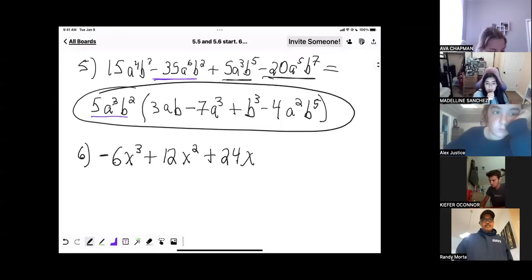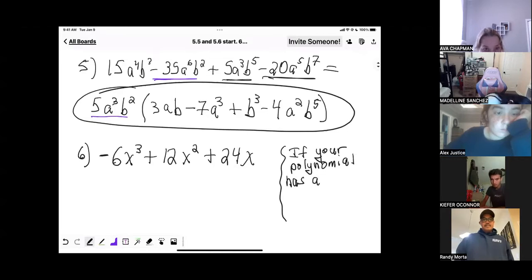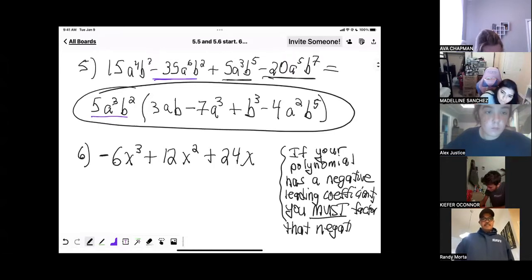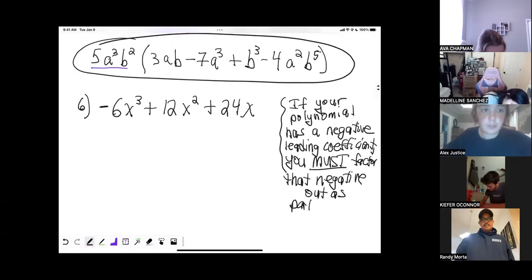All right, so I'll put it over here. If your polynomial has a negative leading coefficient, which is the first term, you must factor that negative out as part of your greatest common factor.